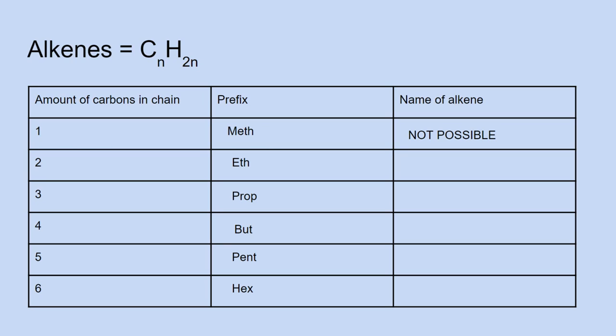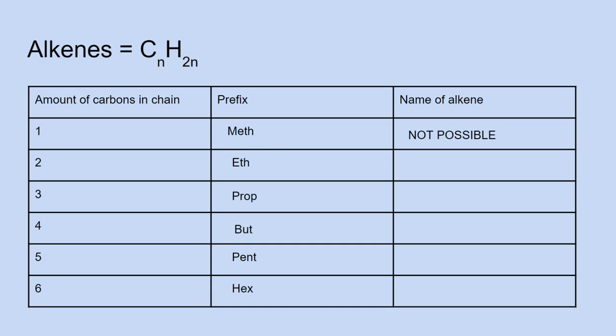Okay, pause the video, see if you can name the first 5 alkenes. So that's ones with 2, 3, 4, 5 and 6 carbons in their chain length. Okay, just like with alkanes, we add an ending, a suffix, onto our prefix, which is ene.